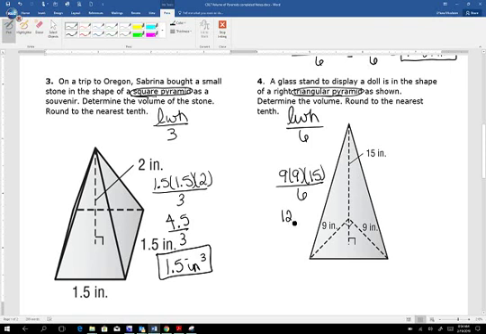That would give you 1,215 divided by 6. And the volume of this pyramid would be 202.5 inches cubed. Are there any other questions about finding the volume of rectangular and triangular pyramids?